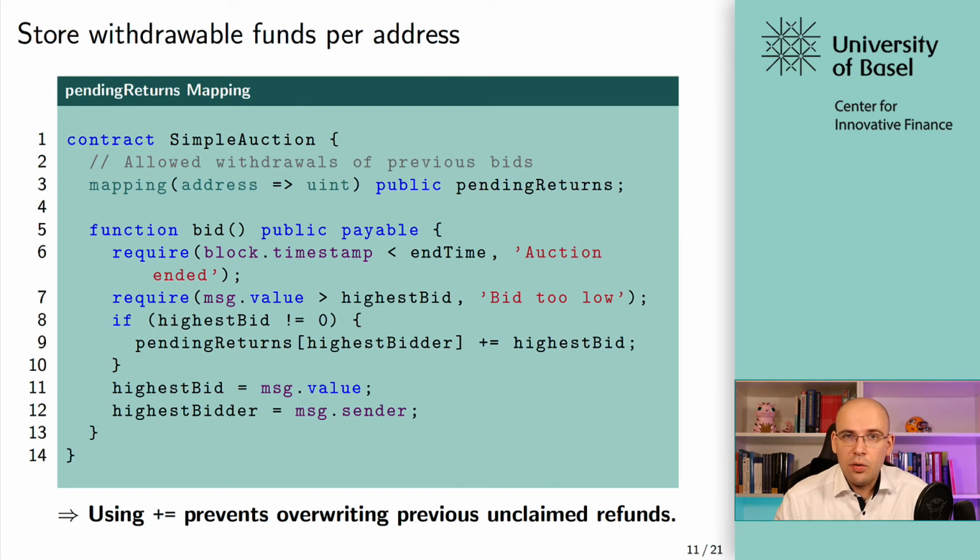You want to add the two so that the person can withdraw all of his or her previous bids that have been outbid. Okay, that's the idea. And then again, here you set highestBid to msg.value and highestBidder to msg.sender. That remains unchanged. So basically what you're doing is you're adding the pendingReturns right here, and also of course you have to define that pendingReturns mapping. You have to declare that in the initial statement.